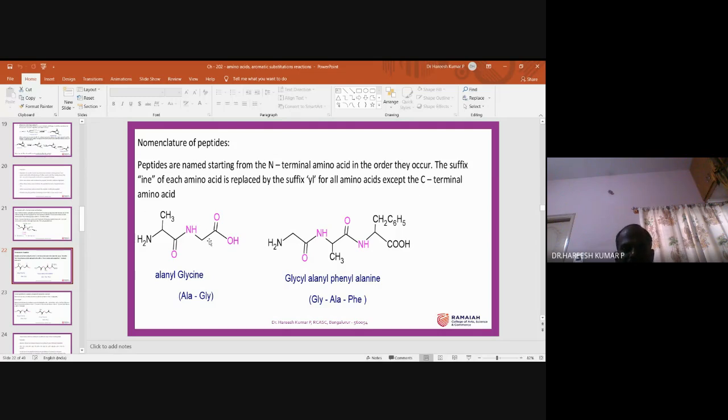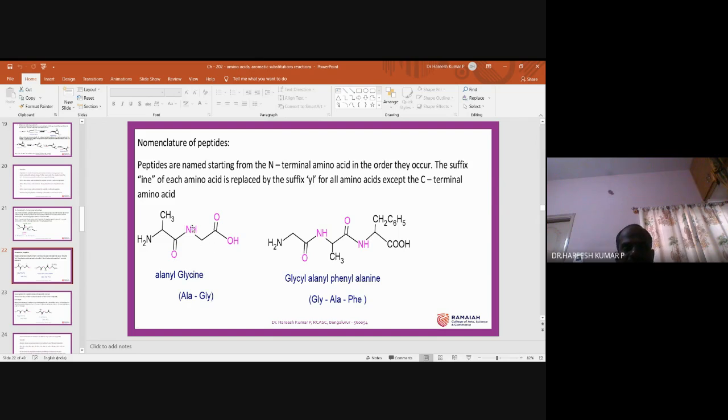So if you want to name this particular dipeptide, you have to find out the N-terminal end. The N-terminal end is NH2CH3CO. Since there is a CH3, it's called alanine. In that alanine, INE should be replaced with YL, so it is called alanyl. And the C terminal end is glycine, so you have to write as such.